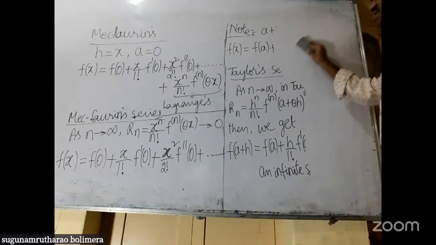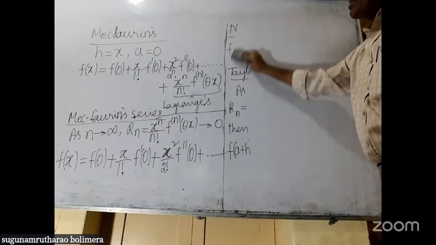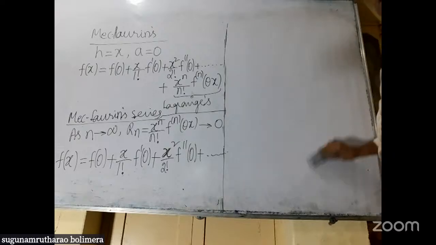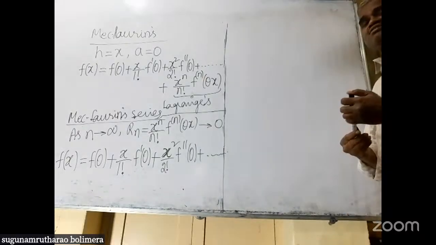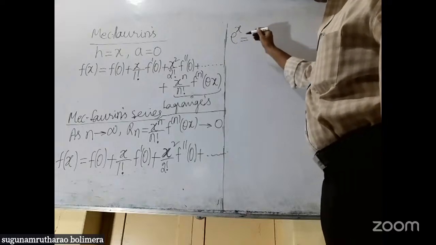Based on this Maclaurin series, we write the expansions of e power x, sin hx, cos hx, and all the inverse trigonometric, hyperbolic, logarithmic expansions. For example, let us take e power x.